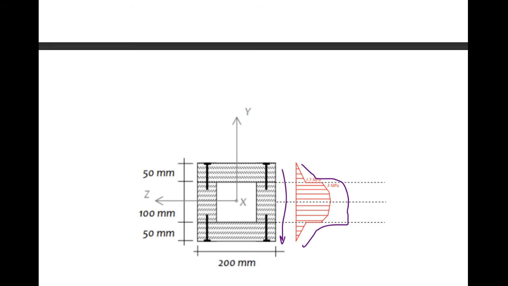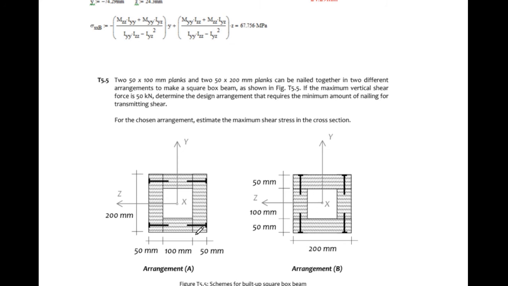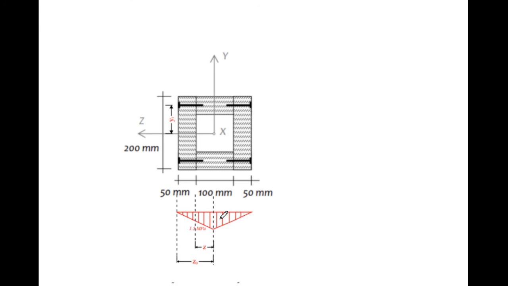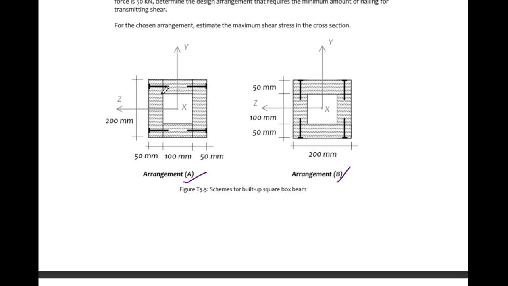From the graph variation we can see that shear in arrangement A, in this nailing, will be better, so we will choose arrangement A rather than arrangement B. Now we need to find what is given and what is asked in the question: the maximum shear stress in the cross section. The cross section in this case we will choose this.